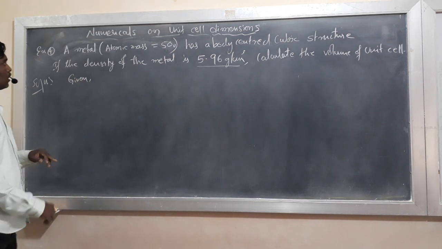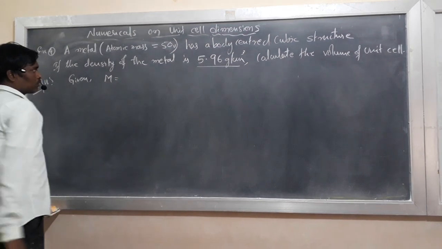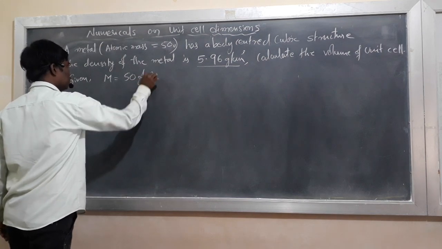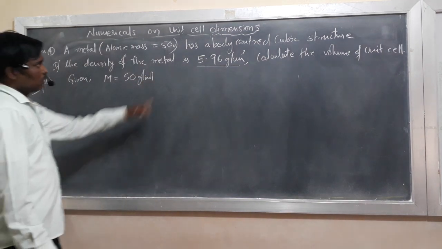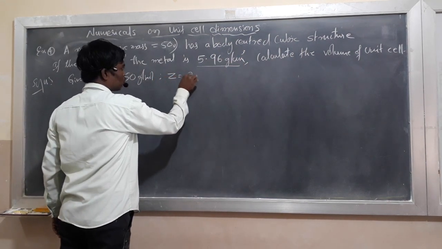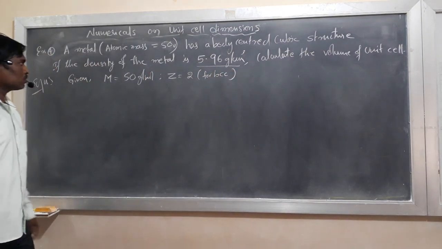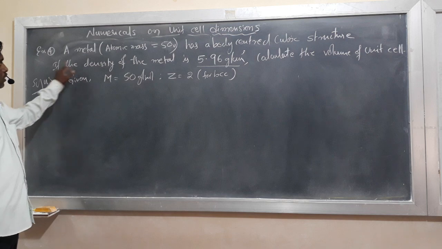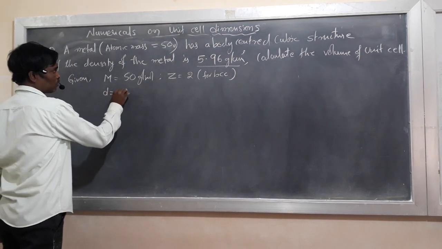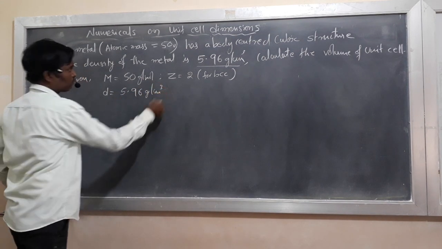The atomic mass is M, 50 gram per mole, and it has a body centered cubic structure. That means Z value is 2 for BCC. Then the density of the metal is given as D equal to 5.96 gram per cubic centimeter.